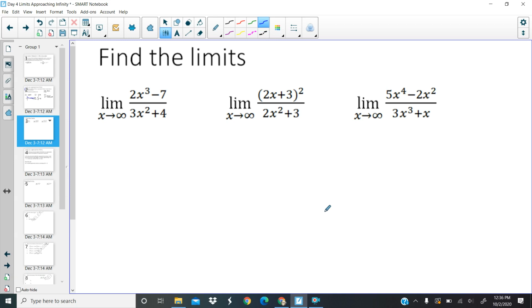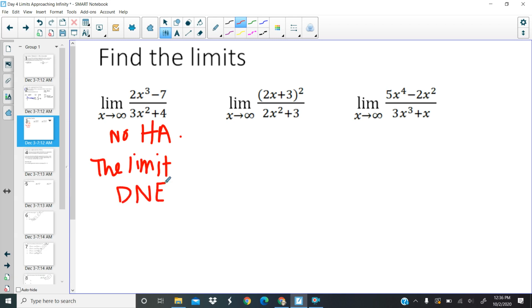So that is big over little, and by the horizontal asymptote rules, that means there's no horizontal asymptote. So when there's no horizontal asymptote, what you're going to say is the limit does not exist, or DNE.